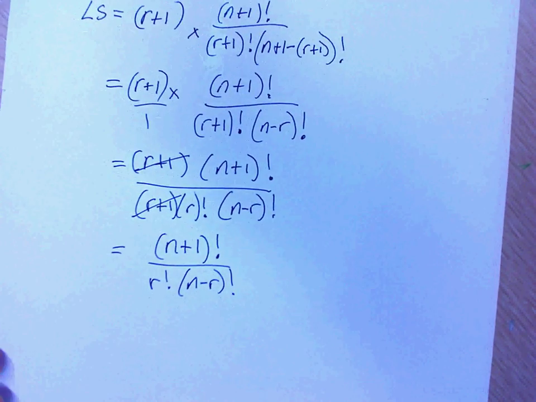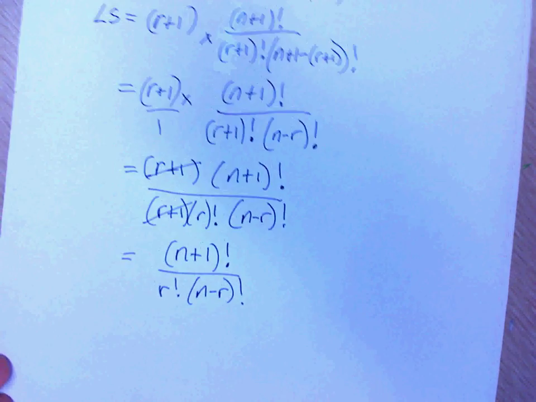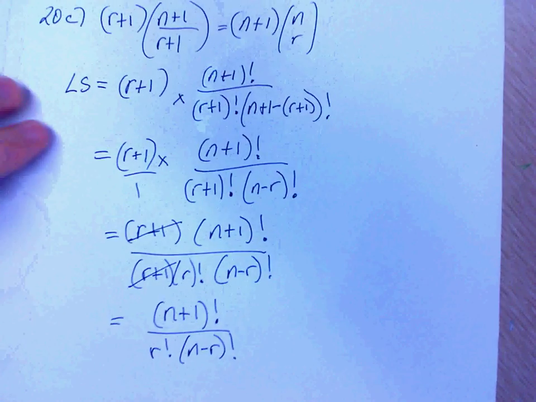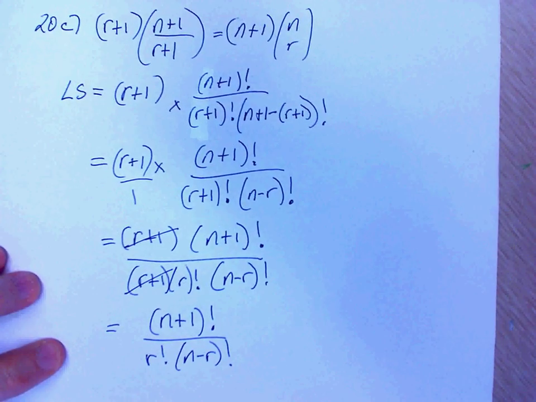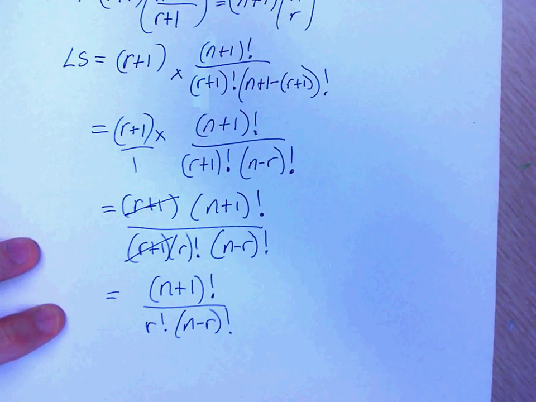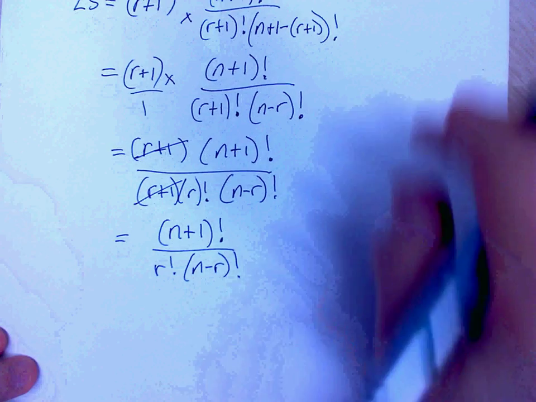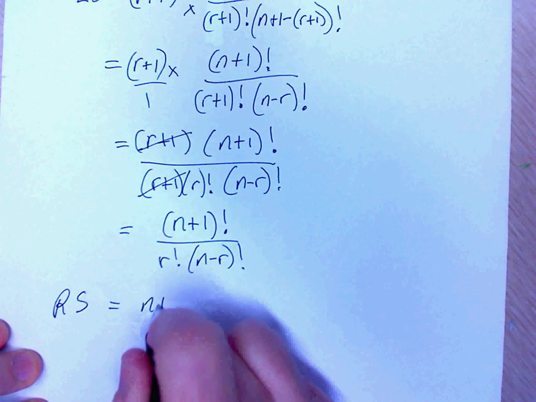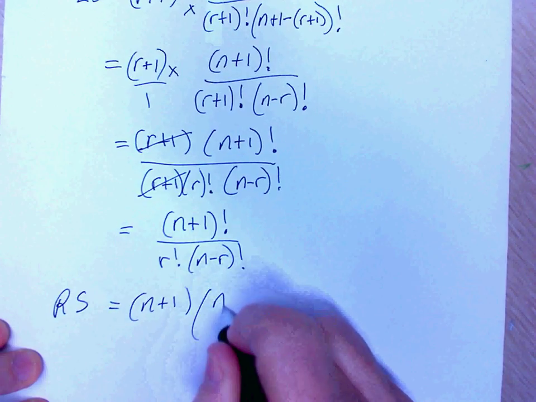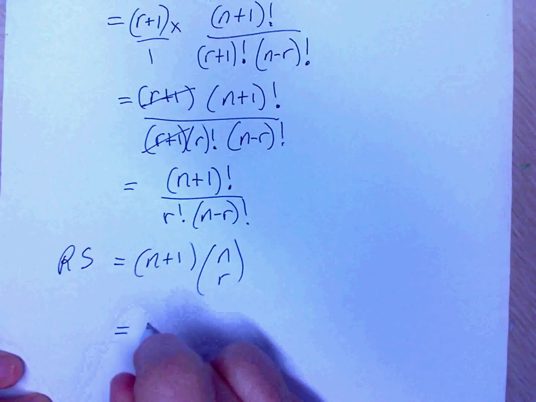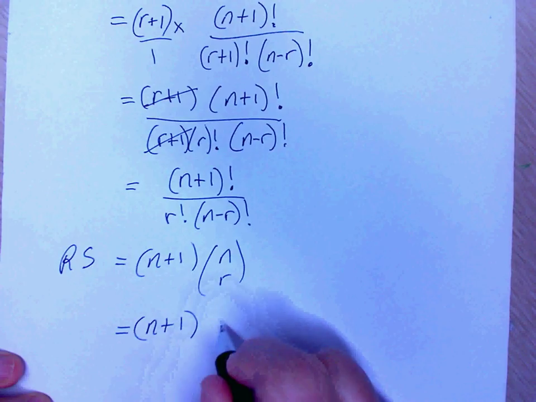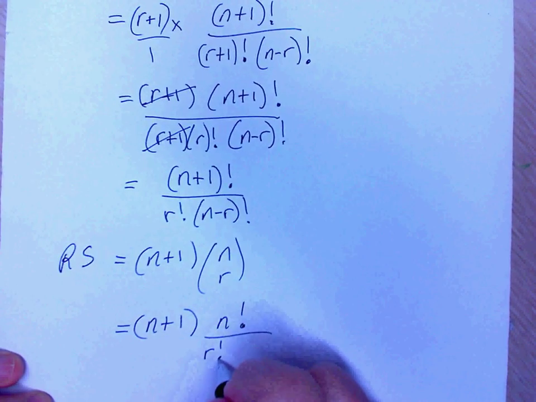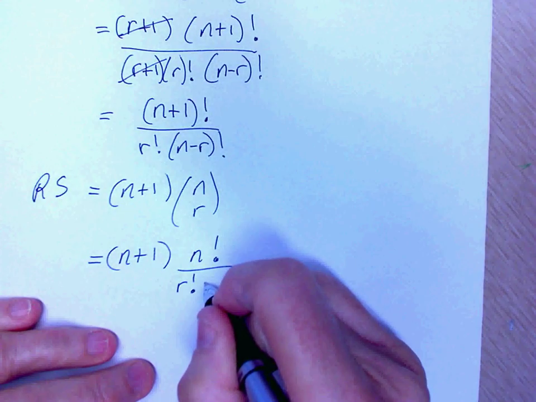Okay, I can't do any more with the left hand side, so now I'm going to work with the right hand side. The right hand side equals n plus 1 times n choose r, and that's n plus 1 times n factorial all over r factorial times n minus r factorial.